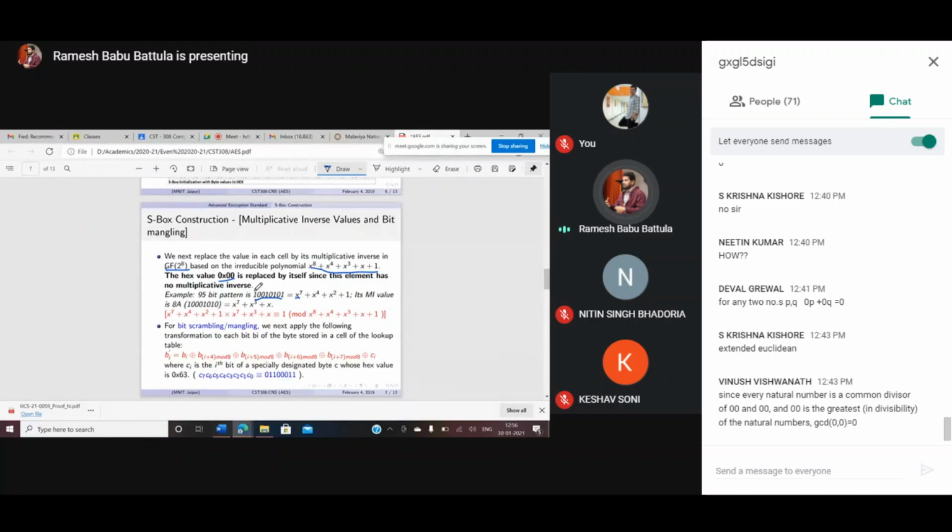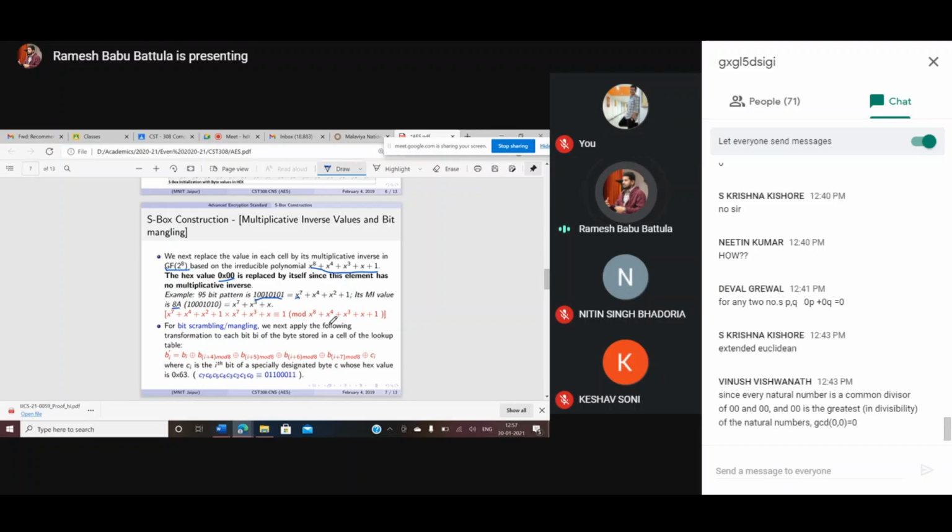Here 1 is at x power 7, that's why I wrote x power 7. Next, where is the 1? X power 4, so I wrote x power 4 here. Then the next is x power 2, which I wrote here, plus x power 0 means 1, that's why I wrote 1 here. And this one has a multiplicative inverse value 8a.